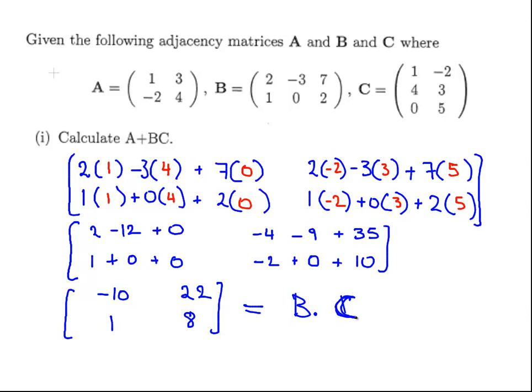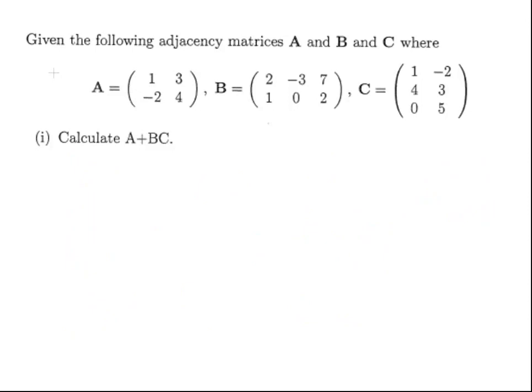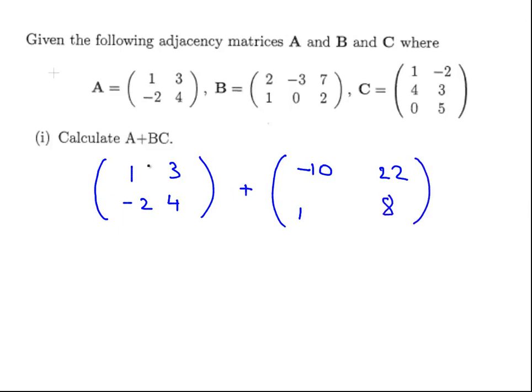So all we have to do now is add them to A. Let's go on to a new slide here. So what we have here is 1, 3, minus 2, and 4, plus minus 10, 22, 1, and 8. All I have to do here is add the corresponding values.